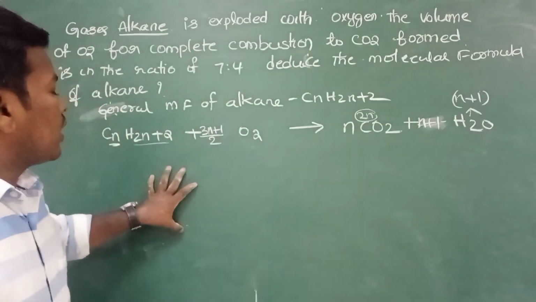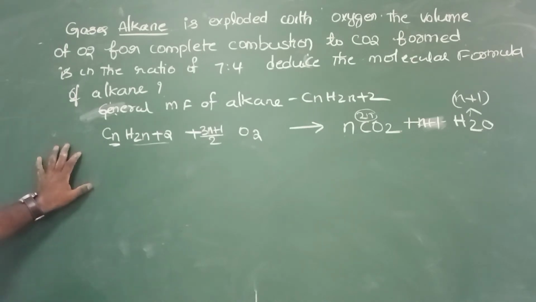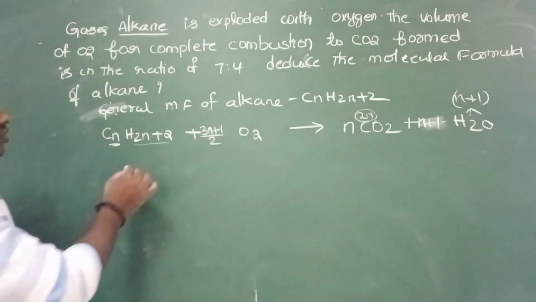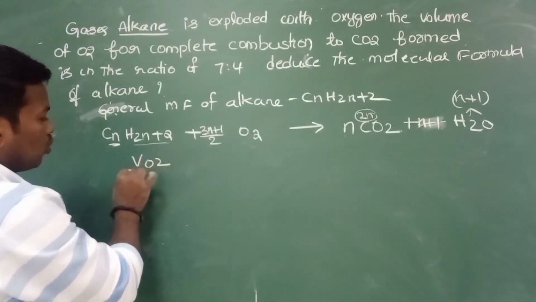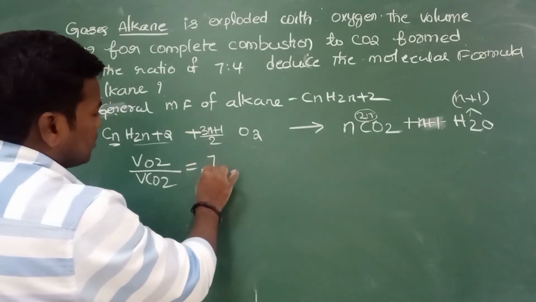Now, what data have they provided? They have provided the ratio of O2 and CO2 volumes as 7 by 4. So VO2 by VCO2 is equal to 7 by 4.